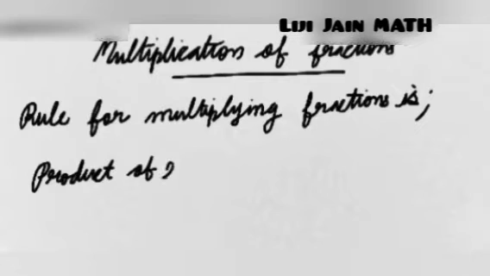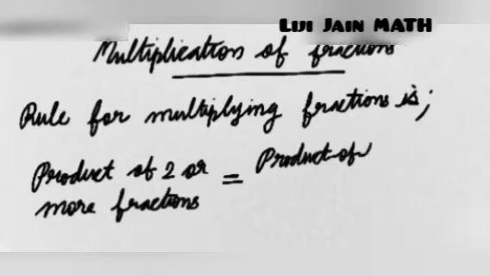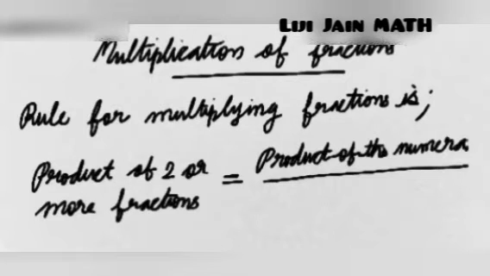Product of two or more fractions is equal to product of the numerators. Please write down. Product of the numerators by what?